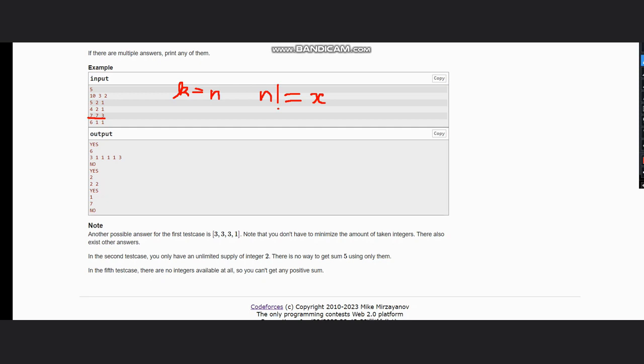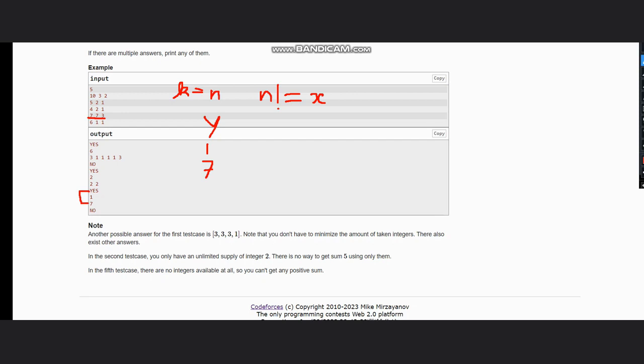If both of these conditions are satisfied, then we can just return yes, and the number of integers would be 1, and the integer would be the number itself. We can print n itself like this case.